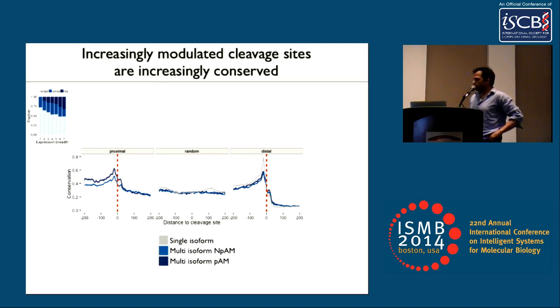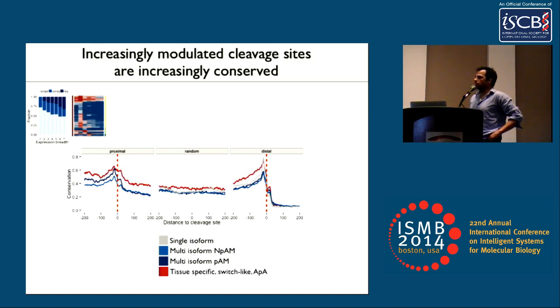And lastly, the genes that exhibit this tissue-specific switch-like behavior are even further increased. They have a further increase of conservation around these sites, suggesting that, you know, we're using conservation here as a proxy for functional requirements of the sequence around the RNA there.